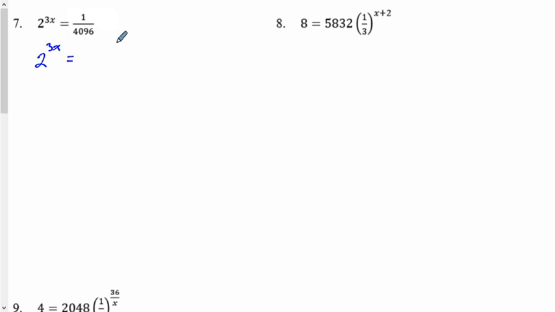What I'm going to do is take this 4096 and give it an exponent of negative 1 to take it out of the denominator, because on the left, this 2 is not in the denominator. And then I'm going to think, how many 2s are in 4096? So you may want a calculator to do some guessing and checking.